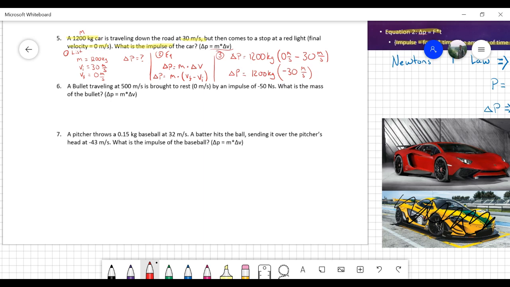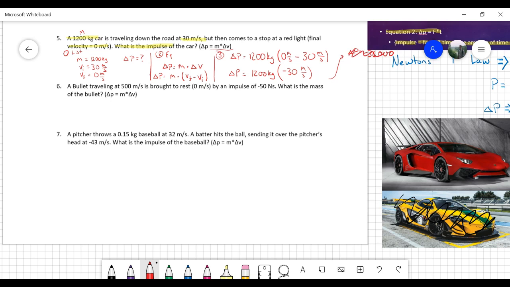Okay, so now we need to take negative 30 times 1,200, and I'm just going to write this up here. So we have our delta P is equal to negative 36,000.